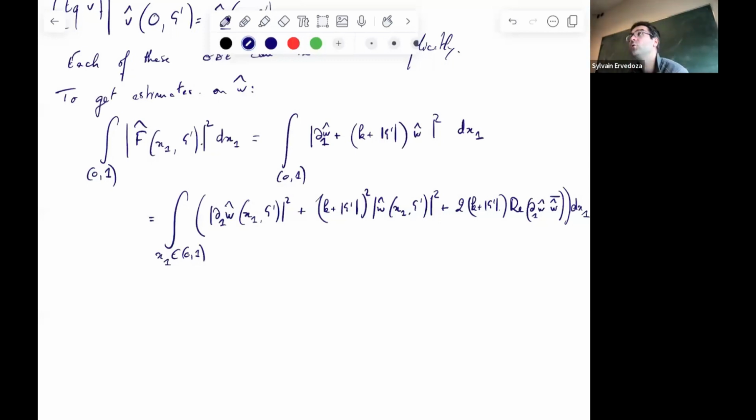And then, of course, you will do one integration by parts, because this guy here is d1 of w hat square over 2.